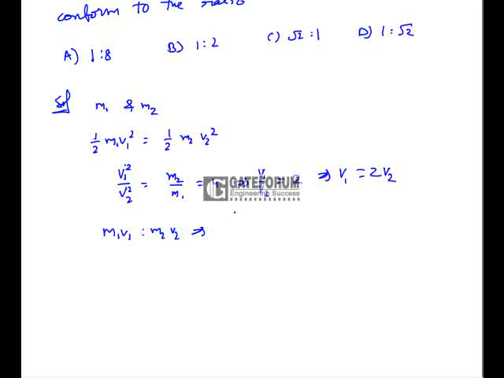Here m1 is m1 and v1 is v1, and m2 is 4 times m1, and v2 is v1 by 2. So here it is 1:2. So the linear momenta will be in the ratio of 1:2.